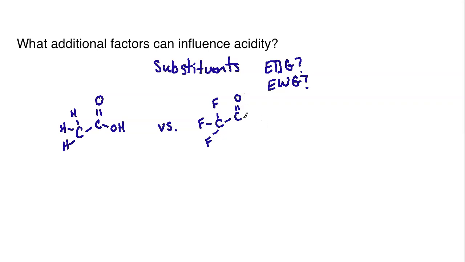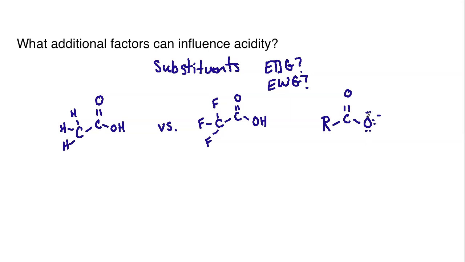It has highly potent withdrawing effects on anything that it is surrounding. So the question becomes, well, is this going to make it more acidic or less acidic? Well, if I take a look at what's left behind, right, let's just call it R for the general purpose of explaining this. If I have a carboxylic acid and it has been deprotonated, I have a negative charge because I have an excess buildup of electron density, and electrons are negatively charged.